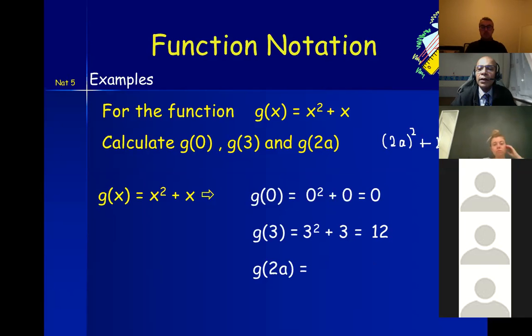So for 2a squared, remember you square the 2 and you square the a, you square both, so that's 4a squared plus 2a. So we can leave it like that.